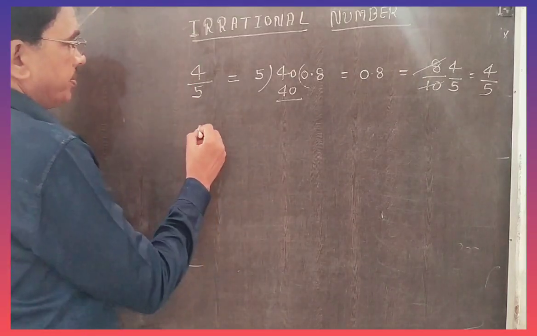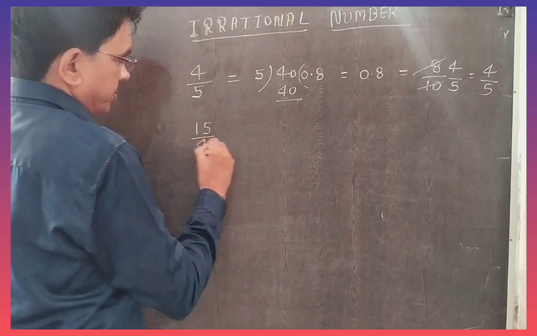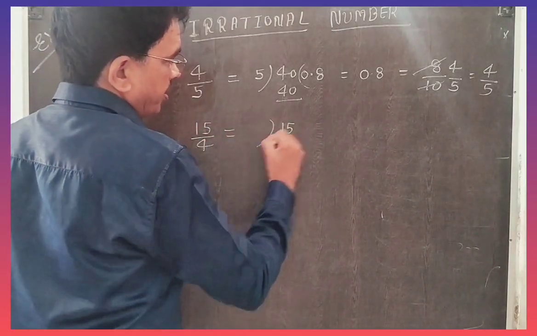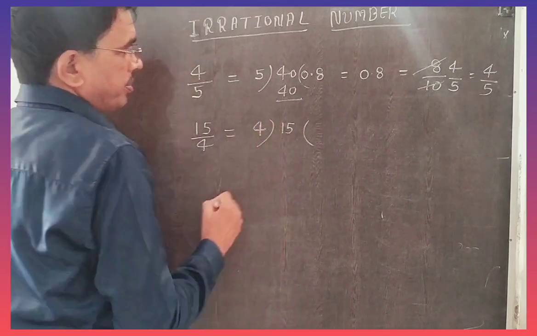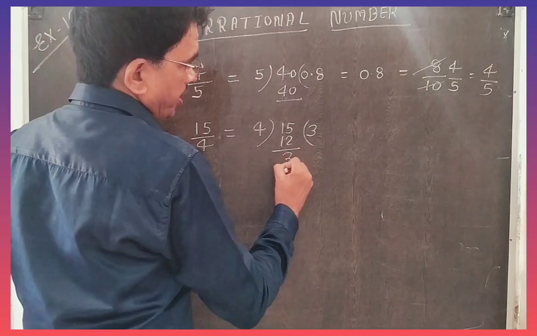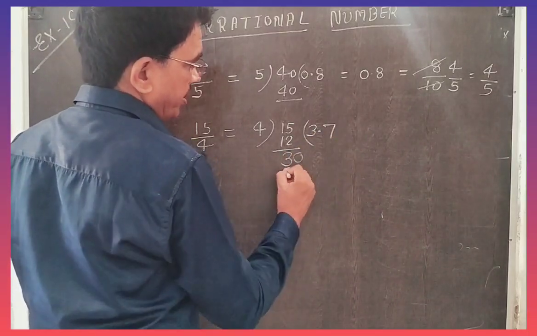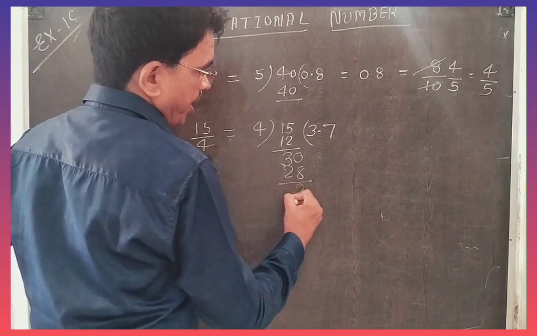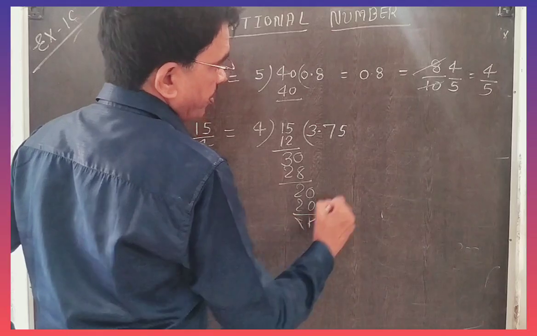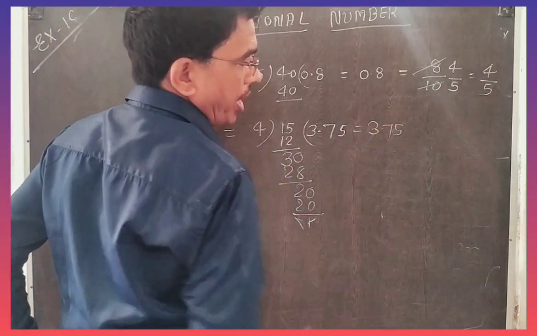Another example, like 15 by 4. Suppose you divide 15 by 4: 4 3s are 12 and 3 remains, then 0, 4 7s are 28, then 2 0, 4 5s are 20, so it is equal to 3.75.